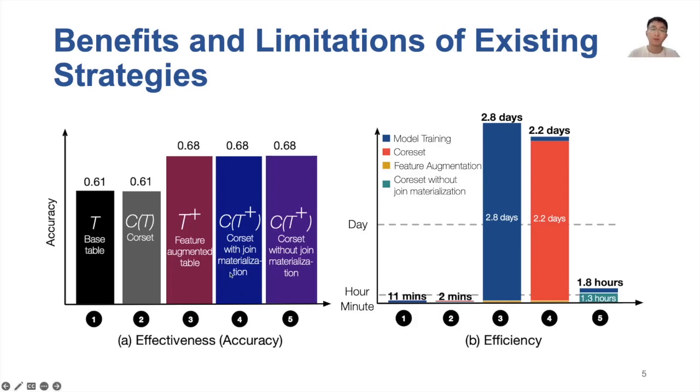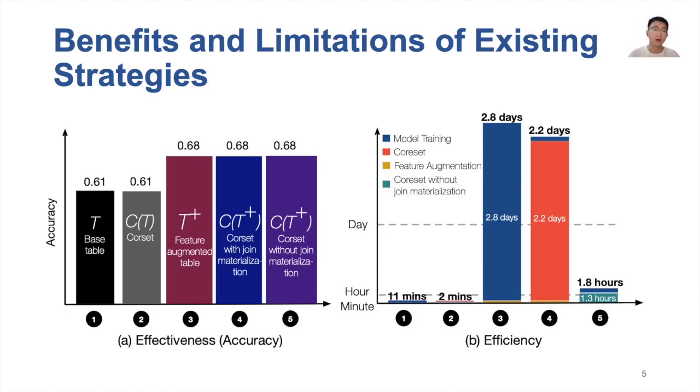Besides, we can also train with the augmented table or the coreset of the augmented table. These are shown as method 3 and method 4 in this page. We can observe that training with the augmented table can achieve a much higher accuracy. It takes a much longer time, because as we know, the process of feature augmentation consists of one-to-many or many-to-many joins.